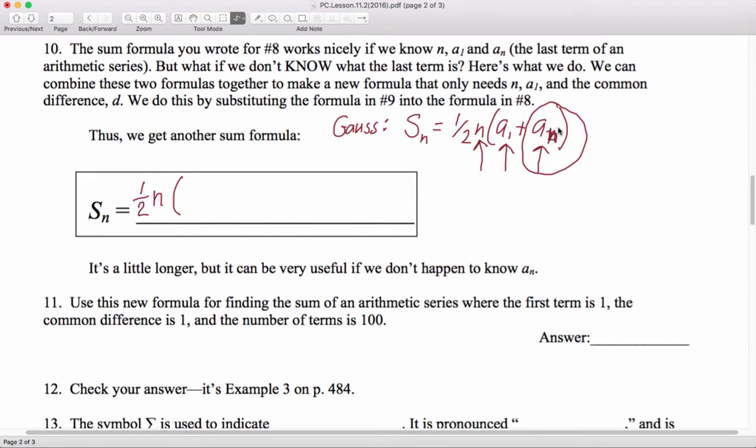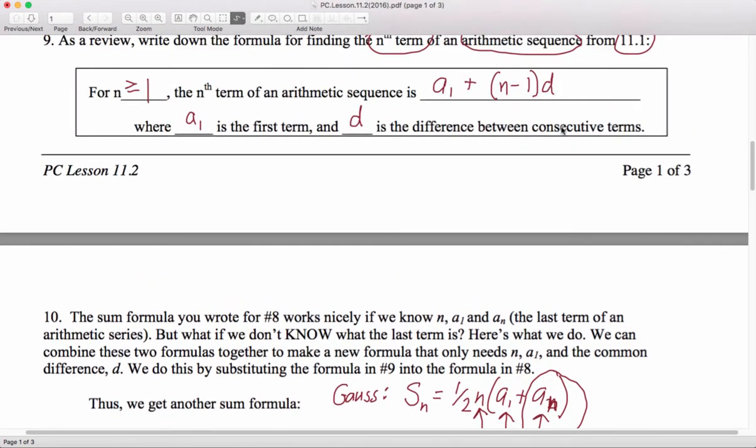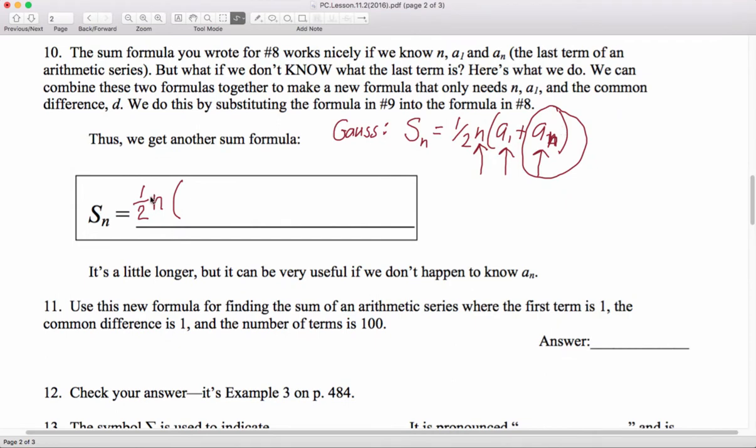So if you don't know the last term, but we know the formula for the last term, because we did that back here, then we could come up with a whole different formula for finding the sum of a series. What we're going to do is take Gauss's formula, substitute for that last term a sub n, and simplify, do some arithmetic and some algebra, and we end up with this formula.